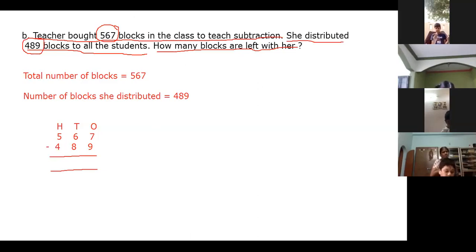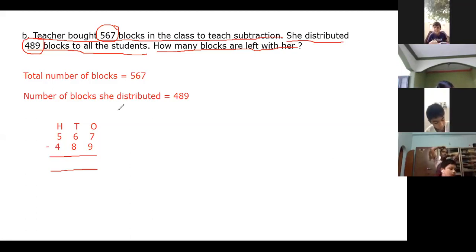Shreyan, you tell me, is it possible to take away 9 from 7? No, ma'am. So what we'll do? We'll take borrow from the number in tens place.